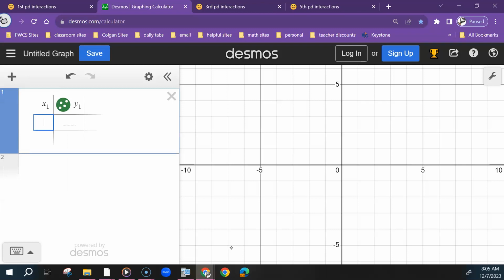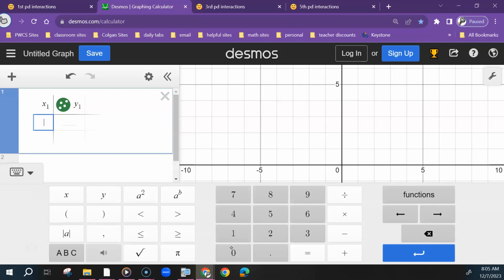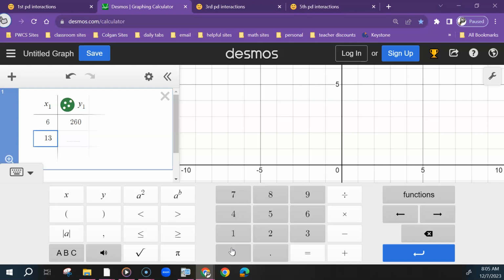Plus table. And we're going to put in the table that's on your notes. It's a little blurry, so if you need to read mine or look at mine, that's fine. I'm going to type it because it's a little bit easier that way. So 6 and 260, 13 and 320. What was the first thing you hit?